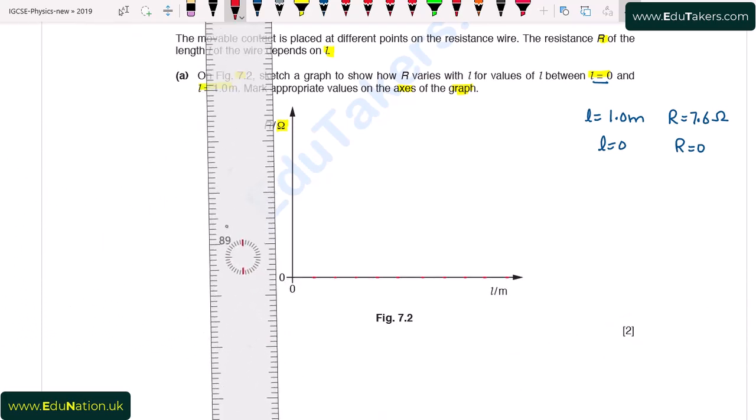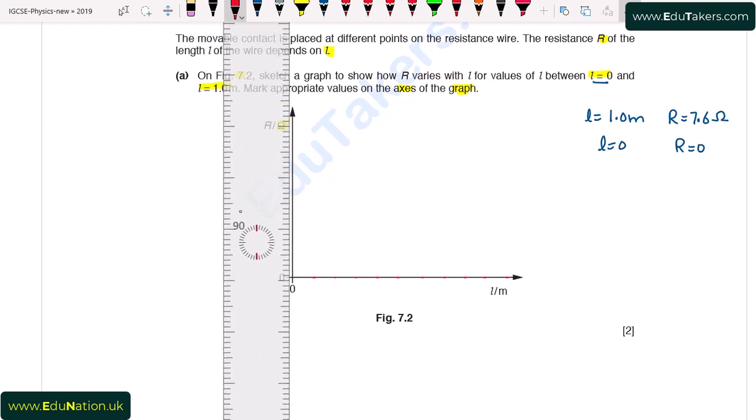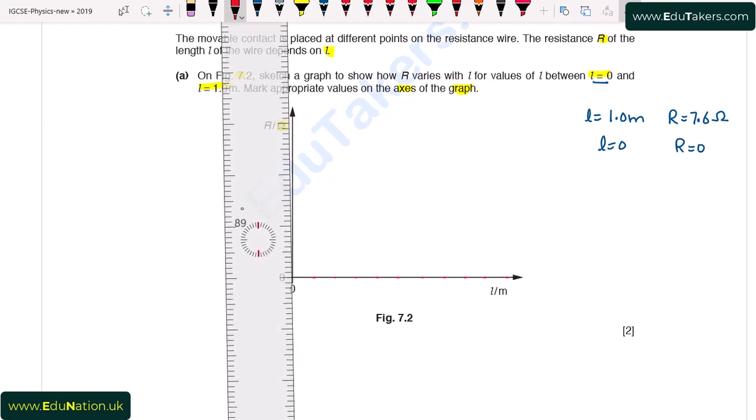All these points are at equal distance. Now I am going to draw on the y-axis.